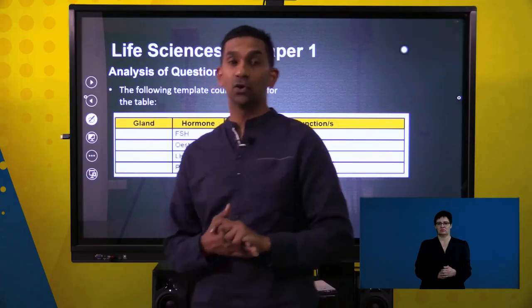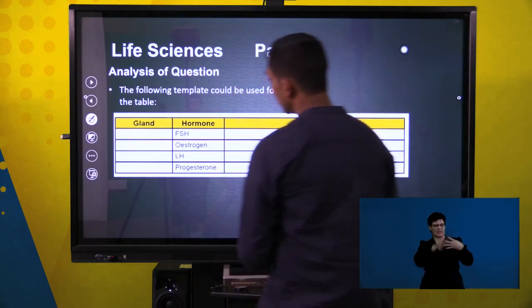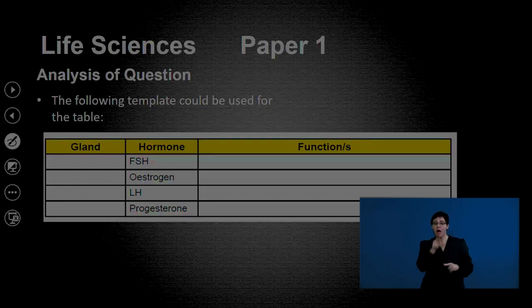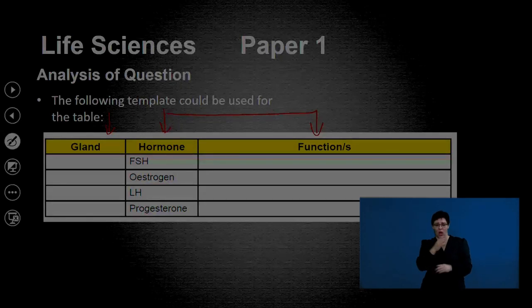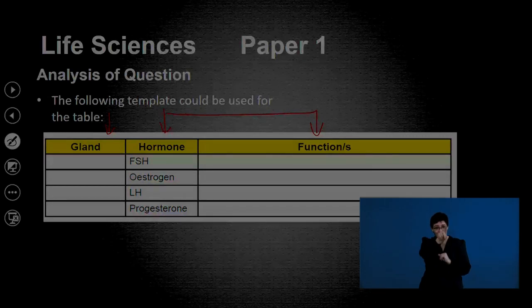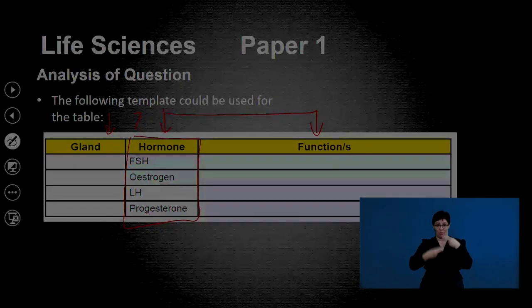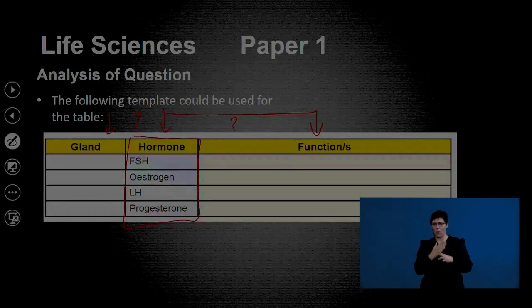We also need to look at the hormones involved, and let's look at this table. It's actually a very good way to learn the context around how hormones are released from glands and their functions. And I think it's an excellent tool to put down as part of your learning. So we've identified that there are 4 hormones involved. We've got to look at how these hormones function, and that's the next part of the question.